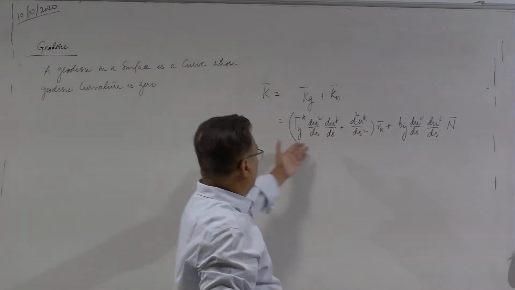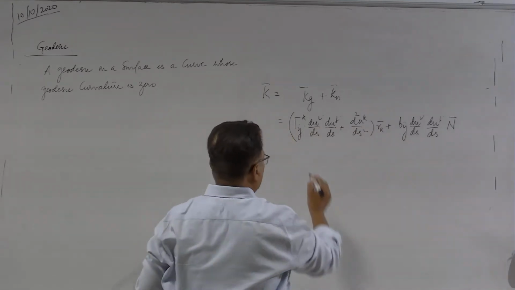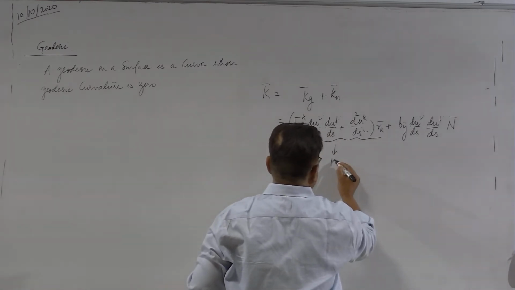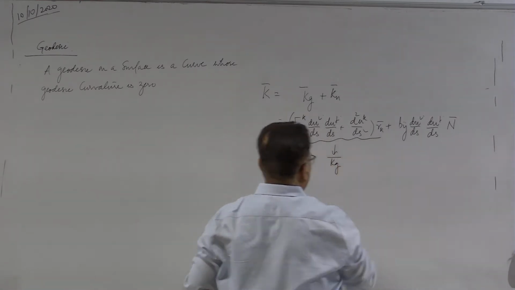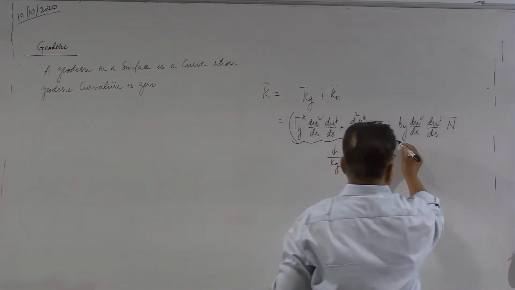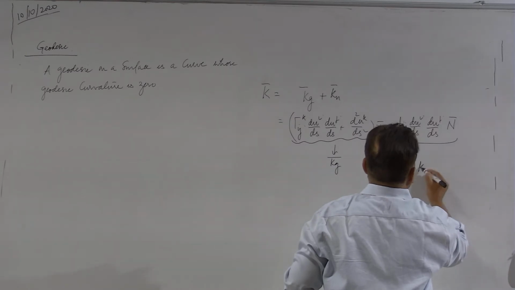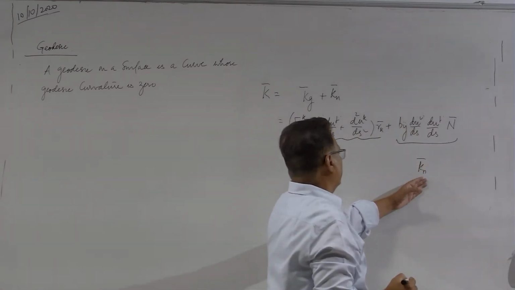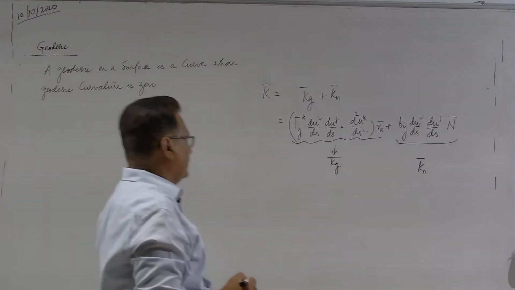Now, if you look at the right hand side, you will notice that this is tangential to the surface, and therefore, it is the geodesic curvature vector Kg bar, and this vector is Kn bar, the normal curvature vector.